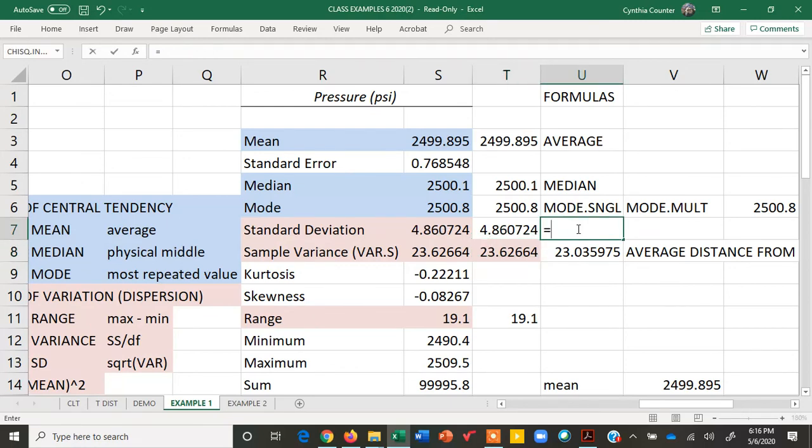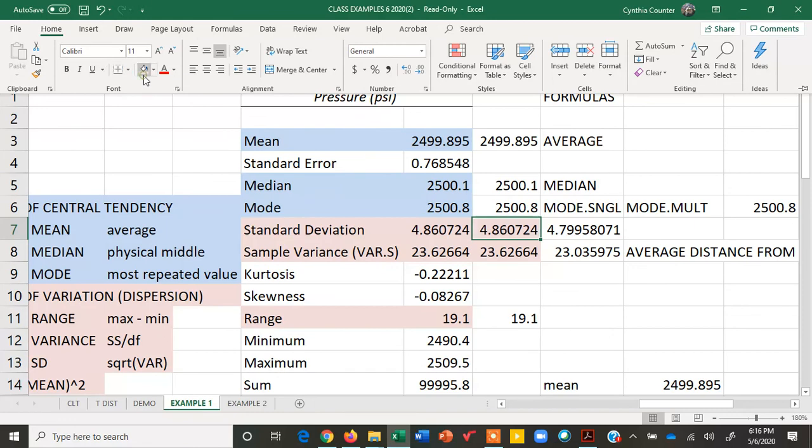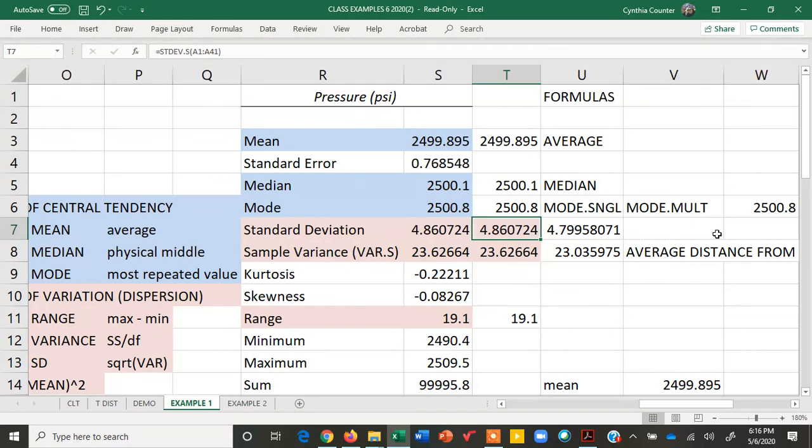However, if you did your population standard deviation, STDEV.P, A1 colon A41, notice, too small. Again, this was too small, this is too small. Let me highlight this one here. But I also want to remind you that this is simply the square root of the sample variance.